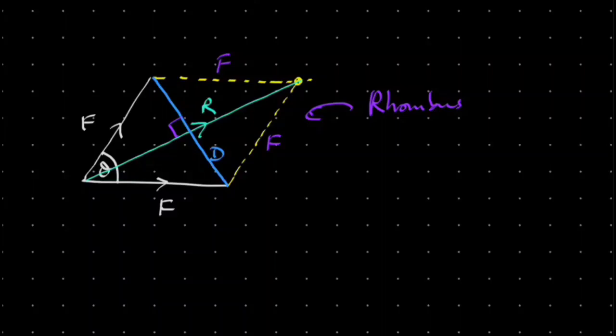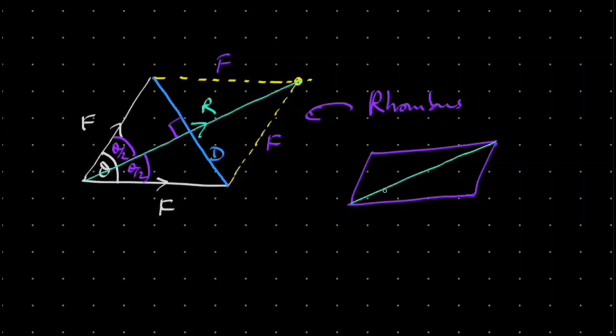And in a rhombus, this angle is bisected. Right? Not in a general parallelogram. If you have a general parallelogram, the diagonals do not bisect the angle. See? You can clearly see this angle and that angle are clearly different.